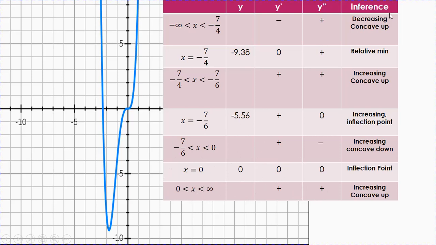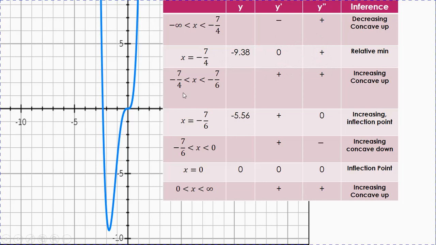So what is important here? Inferences are important. So we know that if first derivative is negative value, the original function is decreasing. And since the second derivative is positive, it means that it's concave up. At point x equals negative 7 over 4, first derivative is 0, so we know that we have candidates for minimum and maximum relative points. And since the second derivative is positive, we say, okay, it's going to be a relative minimum.